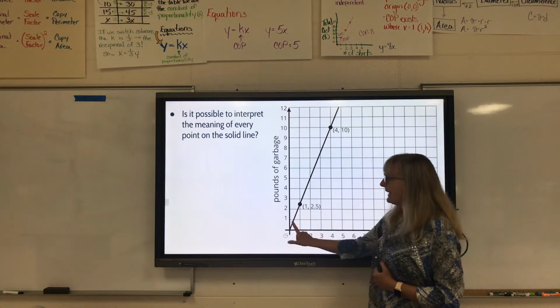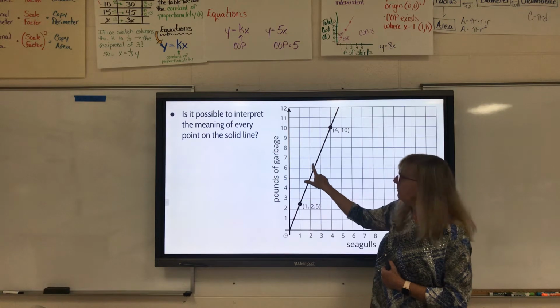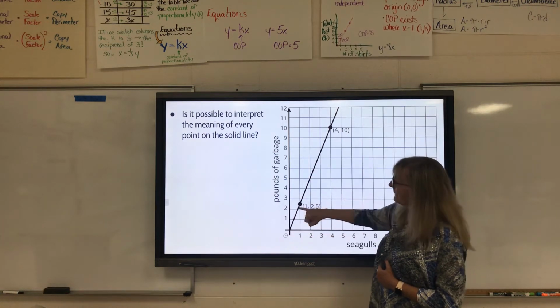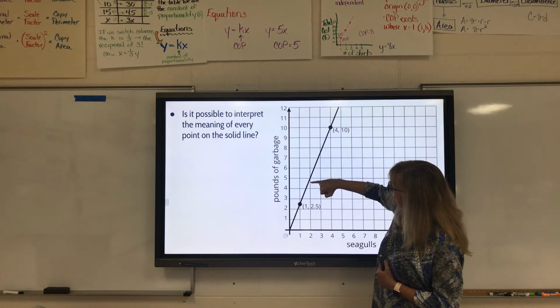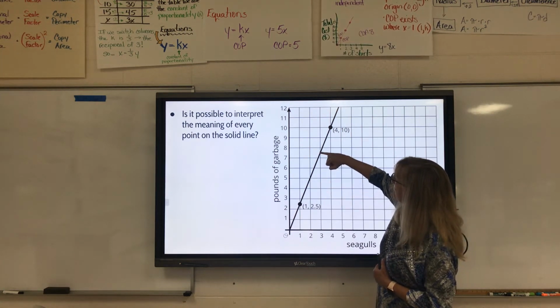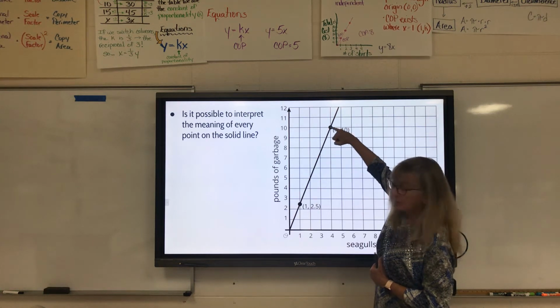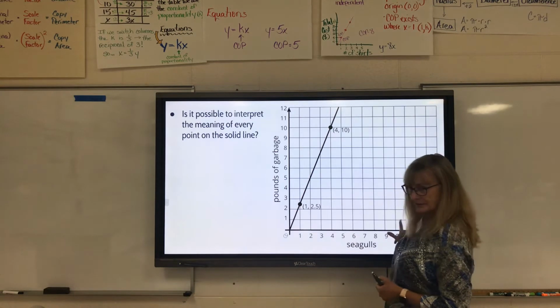No. So we can't interpret every point along this line. We can only interpret this point, this point, this point, this point, because we can only have whole numbers of seagulls, right?